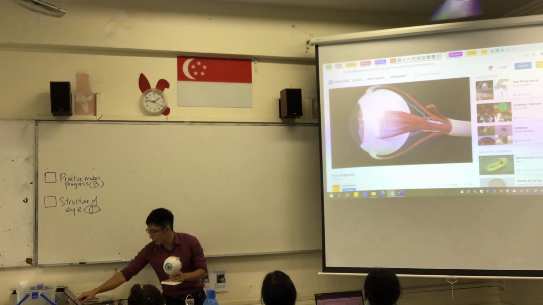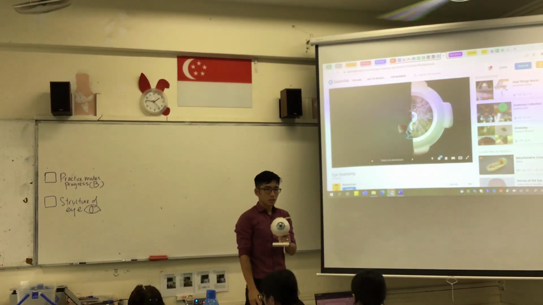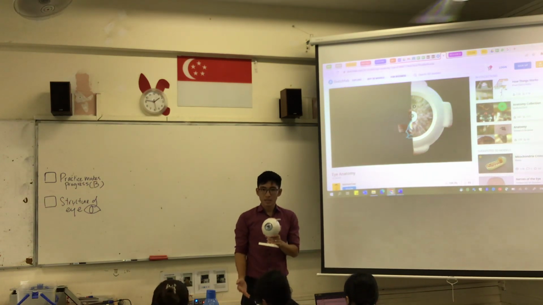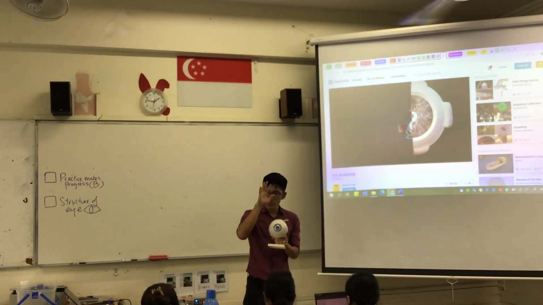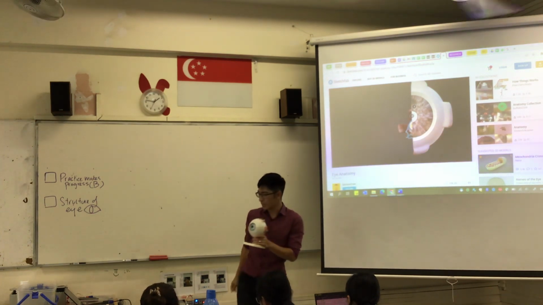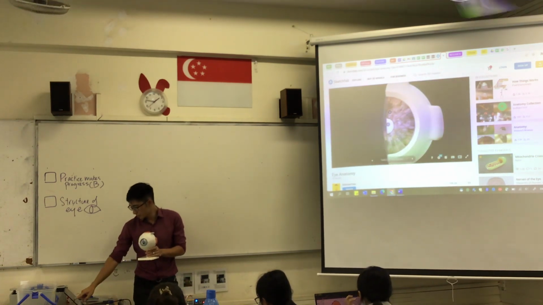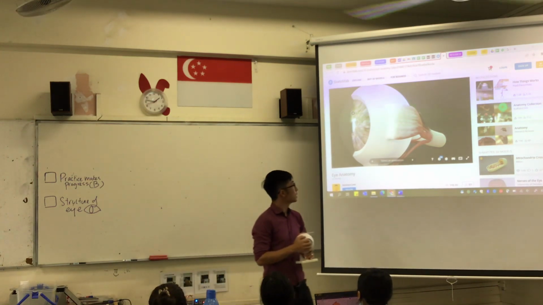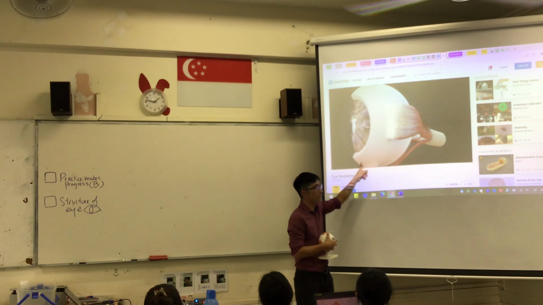If I look from the front view, you can see your iris. That's because your cornea is transparent. It looks like there's nothing there, but there is something. There's a transparent window, and underneath the window is where your iris is. The cornea is actually connected to the sclera.